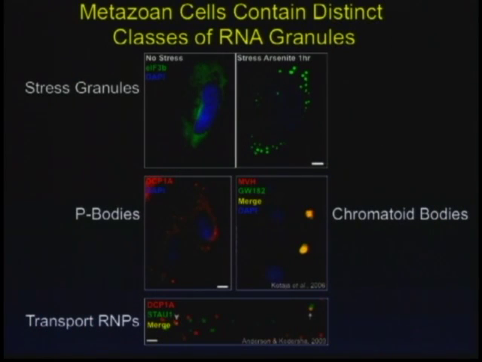So let me dwell a couple of slides on RNA granules again. There are 4 different kinds of RNA granules found in metazoan cells. Upon stress, mammalian cells can assemble these cytoplasmic bodies called stress granules, which can be seen here.